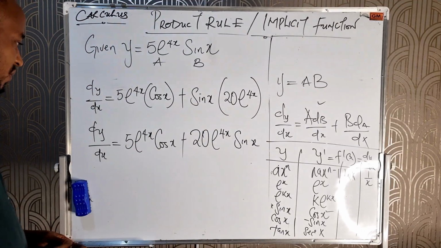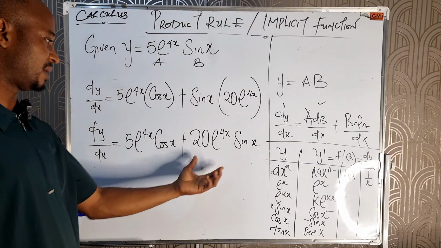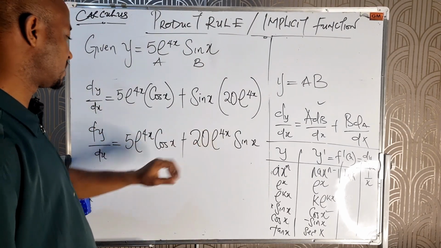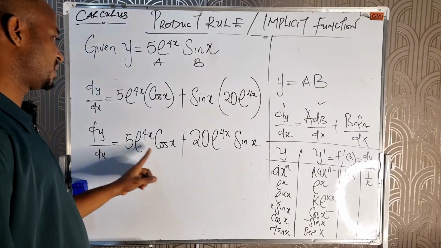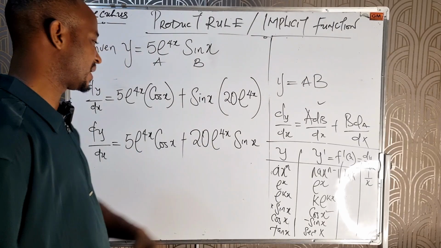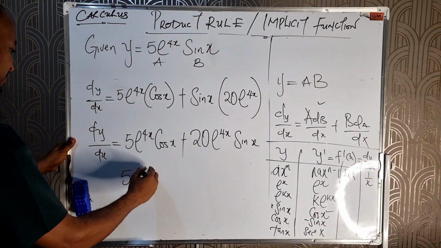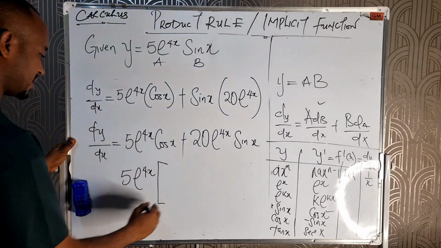When we look at this closely, we have common terms here. 5 is common here, right? Exponential 4x is common here. So I can factor out 5 exponential 4x in brackets.